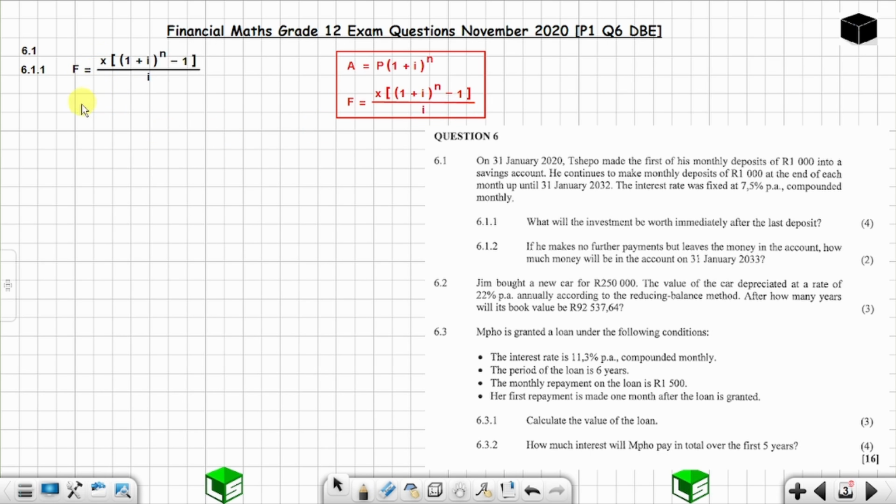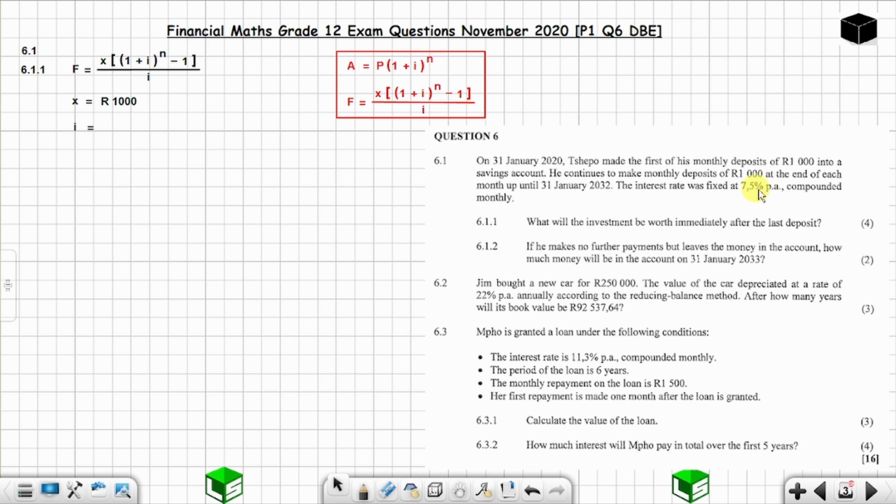Now X is equal to 1,000, and the interest rate i: the interest rate was fixed at 7.5% per annum, compounded monthly.